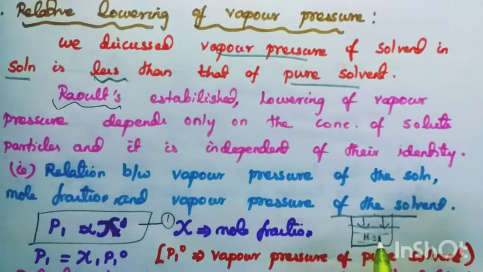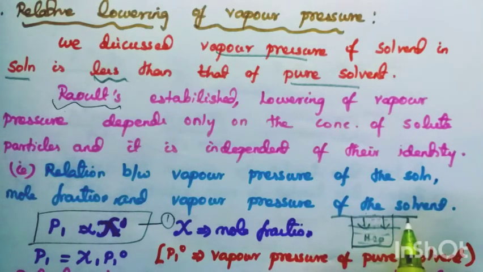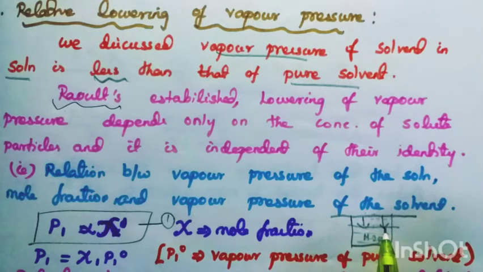This pressure makes the solvent molecules on the surface evaporate, and they appear as water droplets on the walls of the container. So the pressure exerted between these two is called vapor pressure.